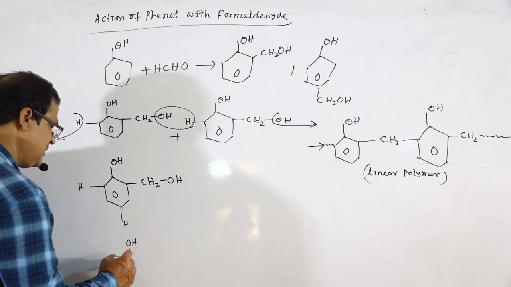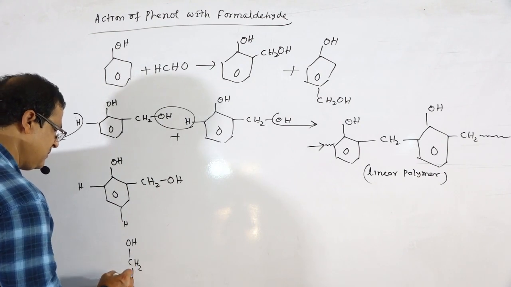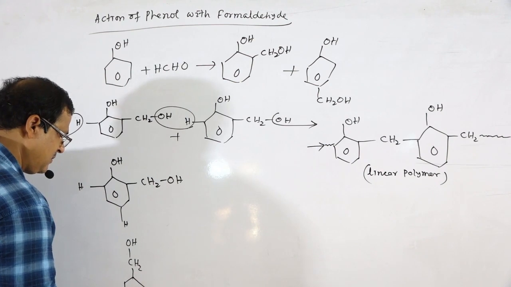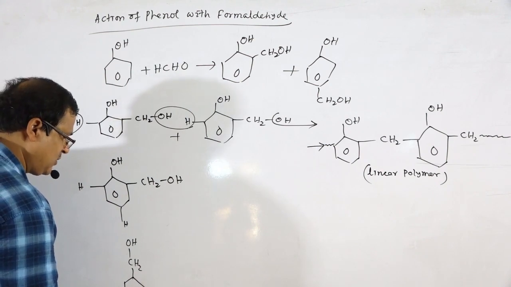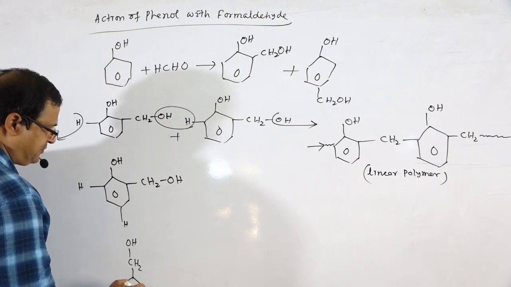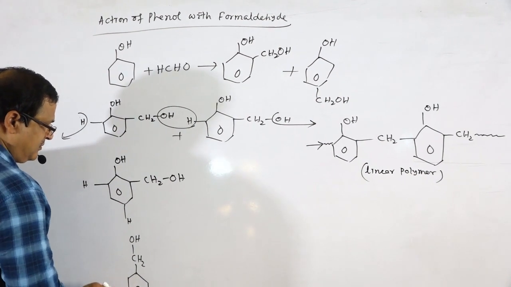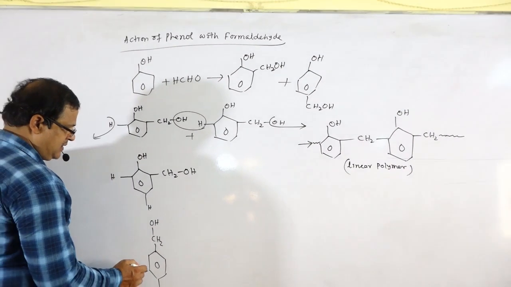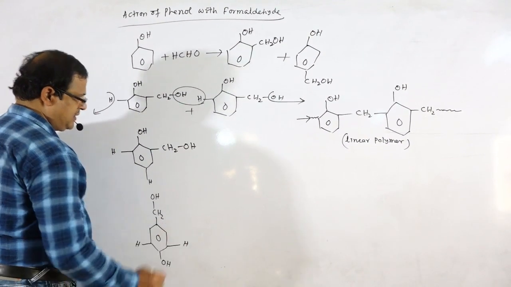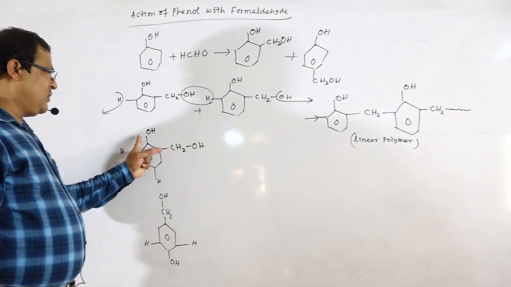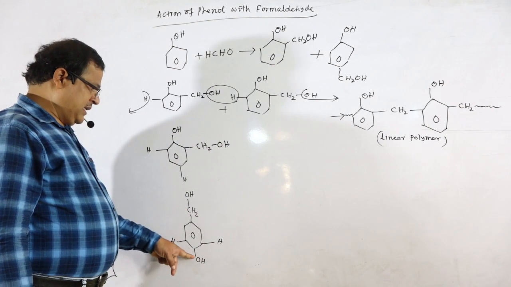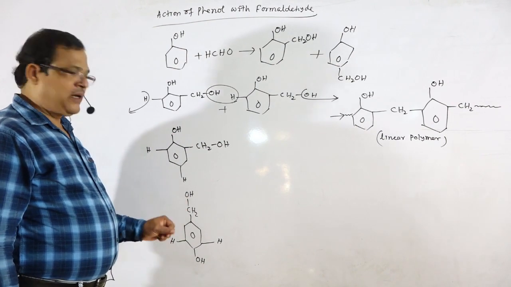Next, this is your ortho, OH, CH2, that is OH, that is your para product. Again this contains H on this side. So this is the ortho OH and CH2OH at the ortho position, and OH and CH2OH at the para position.